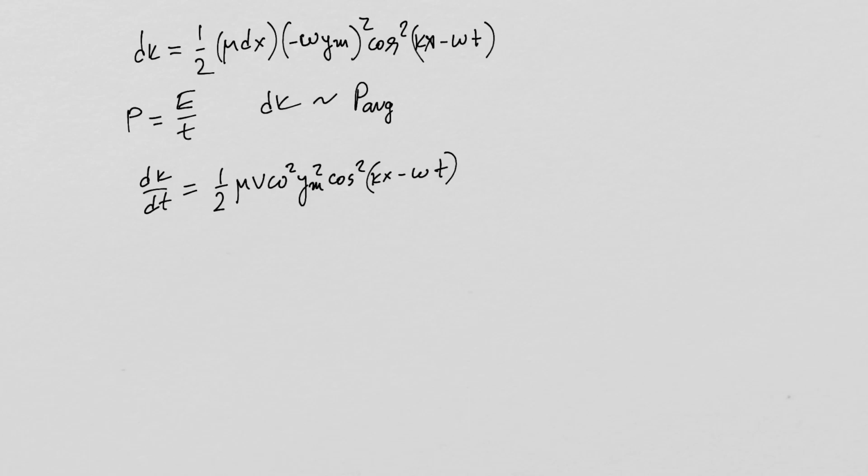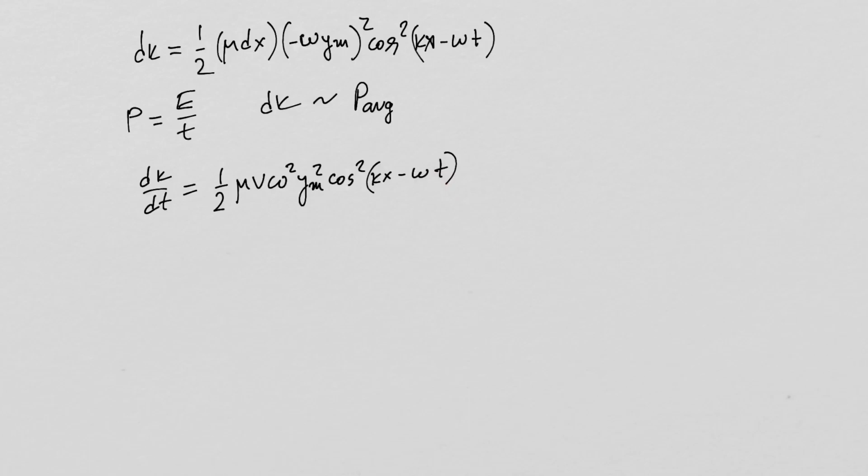And here, mu again is the linear mass density, v is the wave speed, omega is the angular frequency of this periodic wave, ym is the amplitude of the wave, and the rest is just a periodic function.